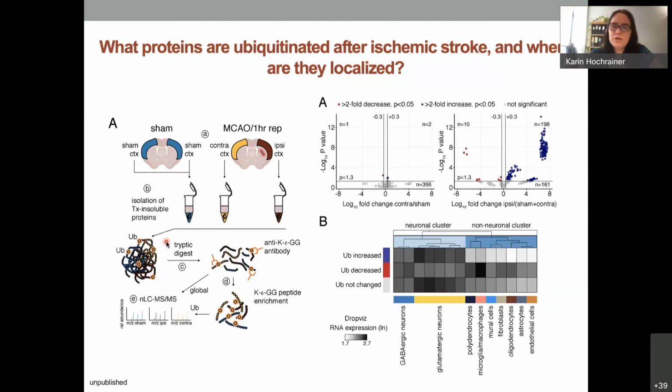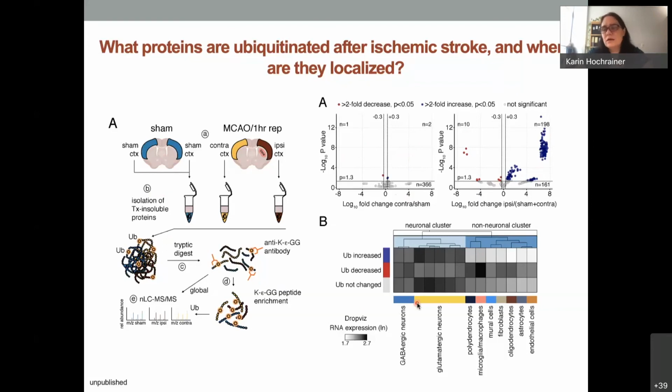We isolated proteins and enriched for ubiquitin with an antibody pull-down strategy. After a significance analysis, we came up with about 200 proteins that have increased ubiquitination after stroke. About 10 have decreased ubiquitination, and we really don't see any differences in contralateral versus sham samples, which makes sense since there is no induction of ubiquitination on the contralateral side.